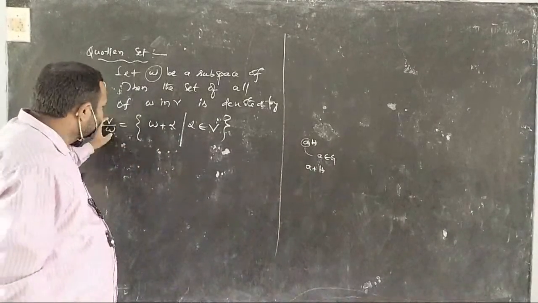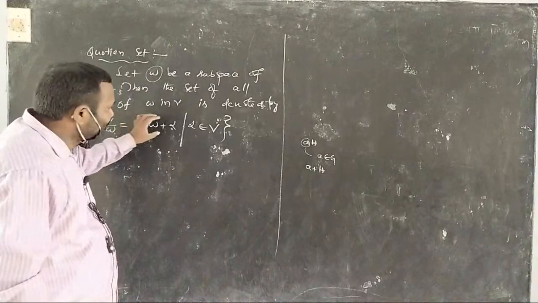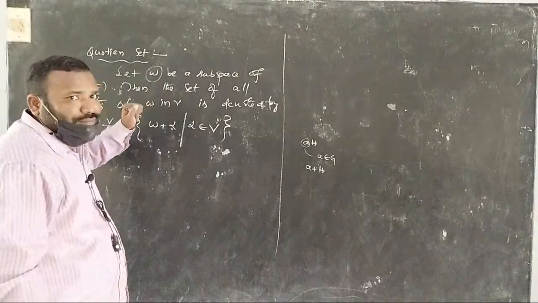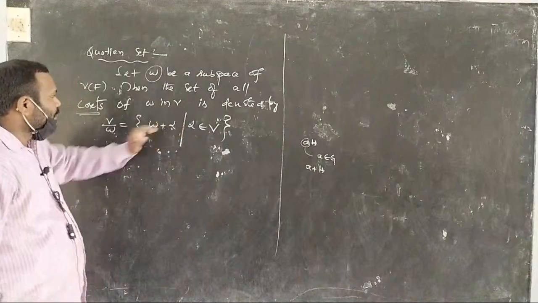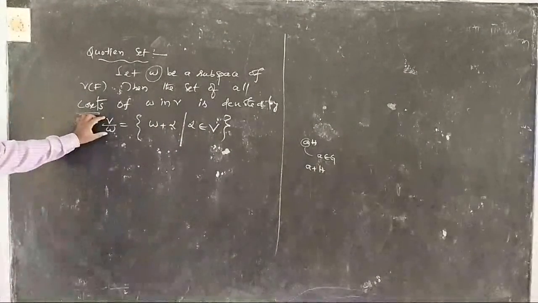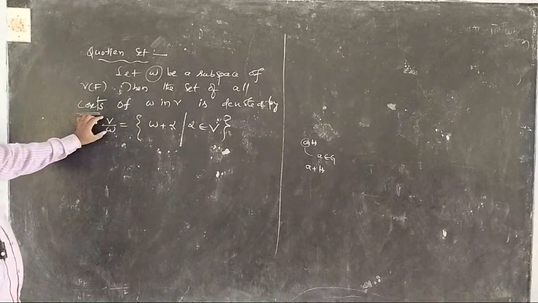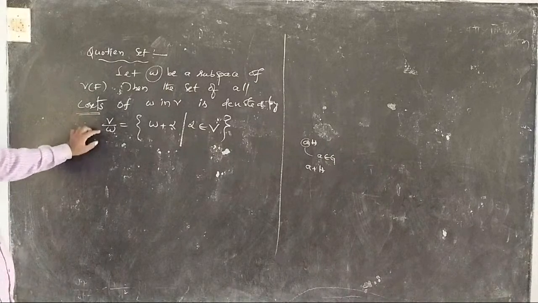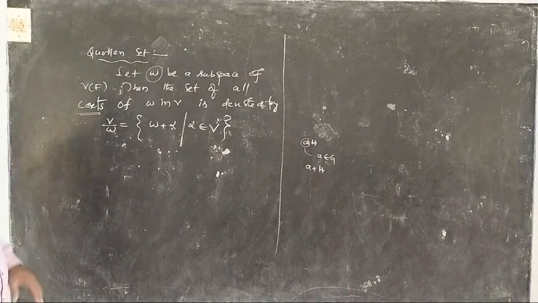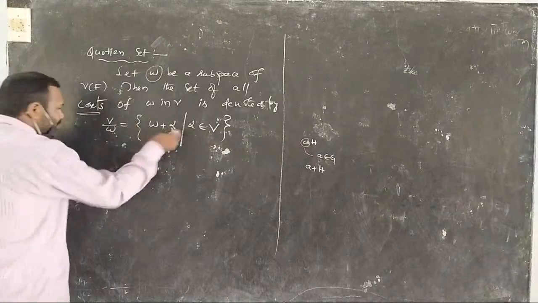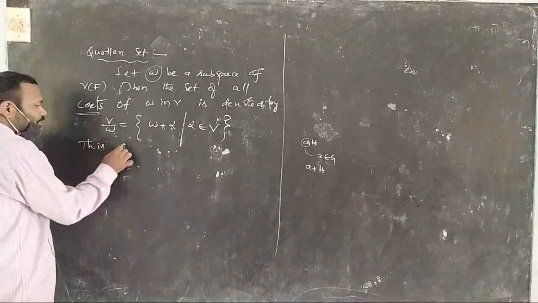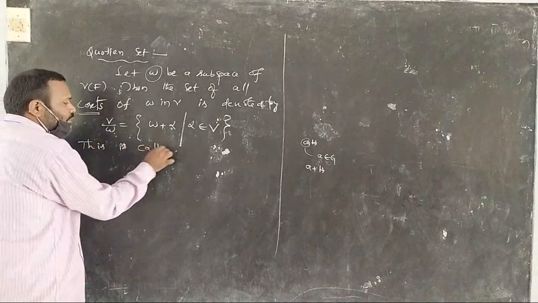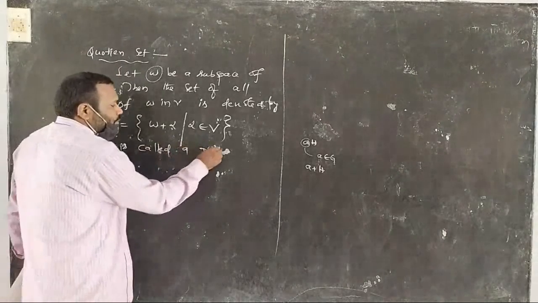So V by W is a set consisting of all cosets. This is called a quotient set.